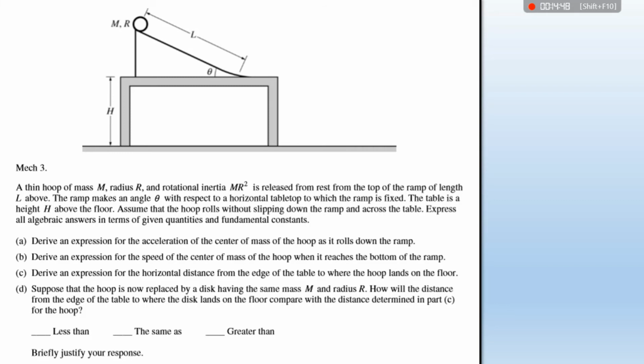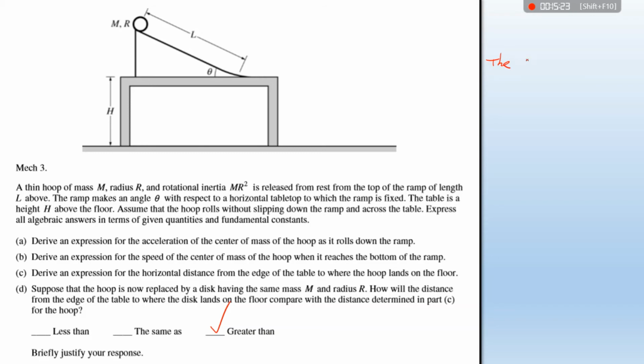More. Okay, so our inertia is actually going to be less with the disc than with the hoop. We'll have less inertia, more translational energy. So does that mean we'll have greater speed or less speed? Greater.